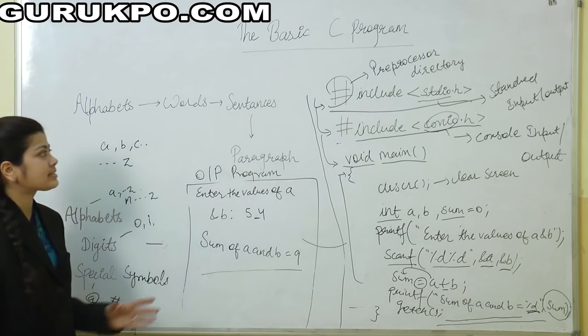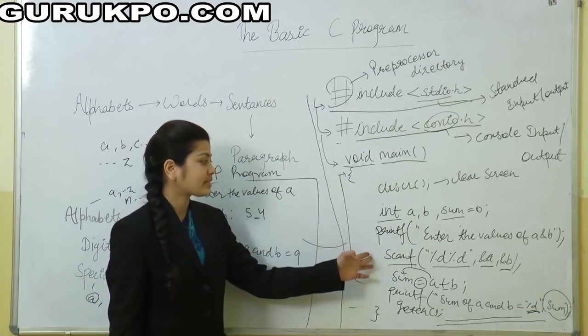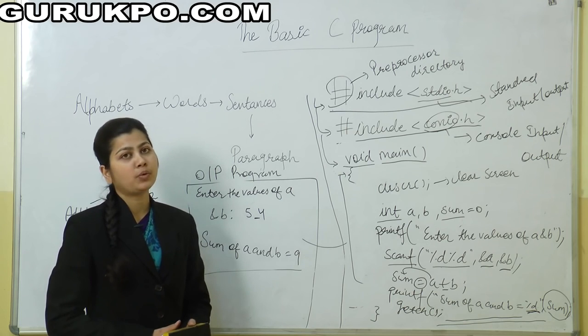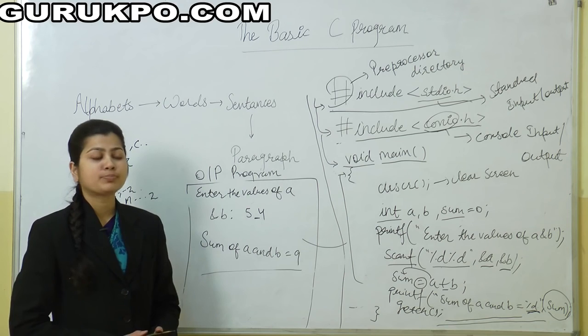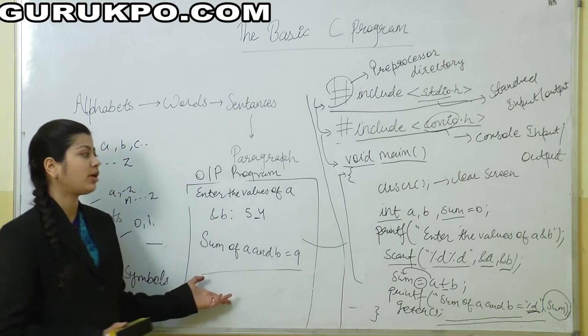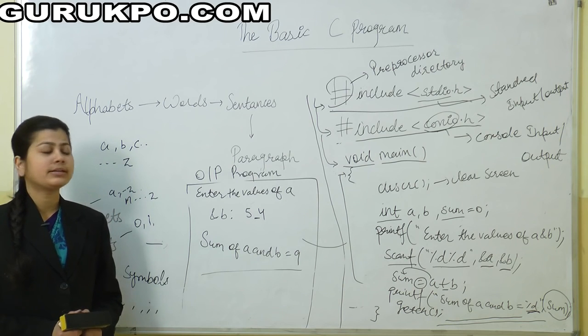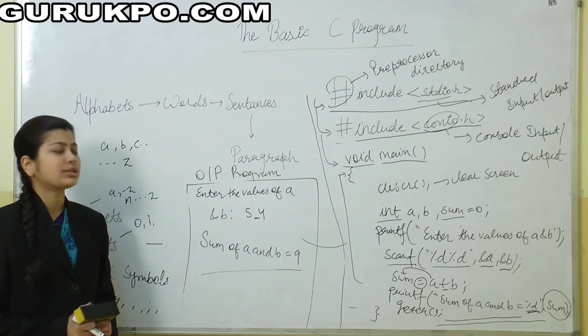So basically in the C program we use the basic printf and scanf statements, which are very familiar to our English language. We do not use any special functions or variables that are difficult for the user to understand. This is a very user friendly language.